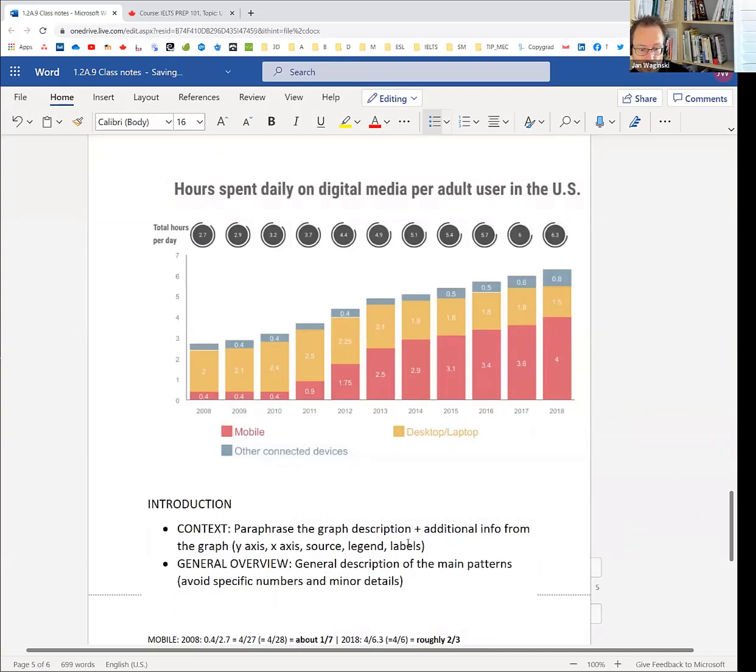If you put too much detail in the general overview, you'll get a low score. If you don't put enough detail in the general overview, you get a low score. So you've got to find like the Goldilocks zone. Not too hot, not too cold.